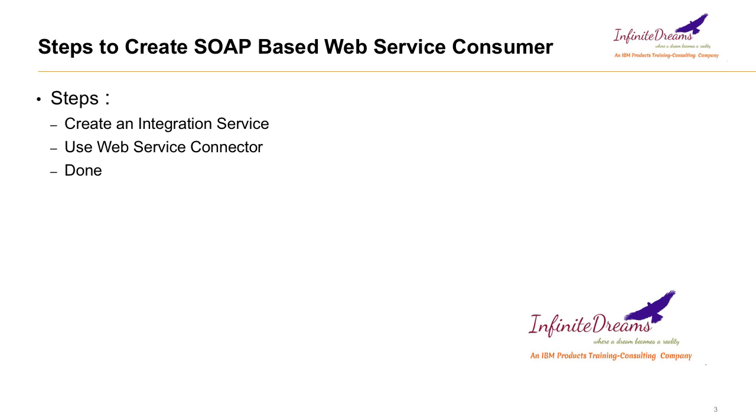What are the steps involved? The first thing is we need to create an integration service in BPM, and then in that integration service we will use a web service connector, and in that web service connector we will use the WSDL URL which will be given to us from the external web service.